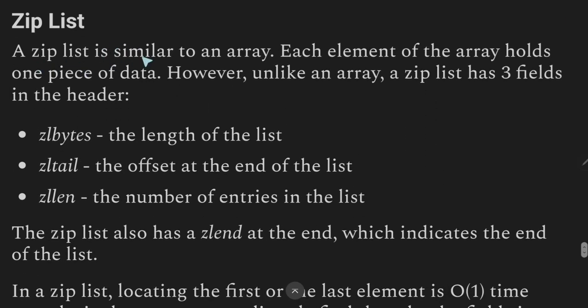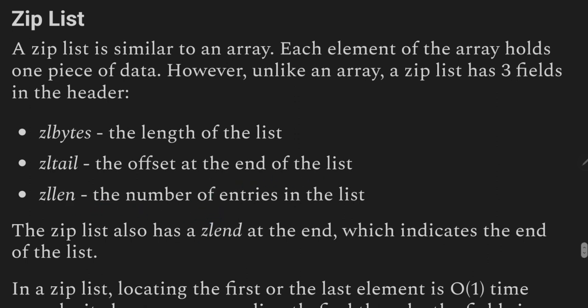Zip list. A zip list is similar to an array. Each element of the array holds one piece of data. However, unlike an array, zip list has 3 fields in the header. Again, it has a couple of metadata fields to assist in optimization and performance. ZLBYTES, the length of the list, ZLTAIL, the offset at the end of the list, ZLLEN, the number of entries in the list.